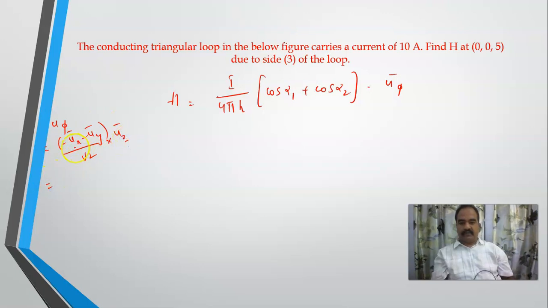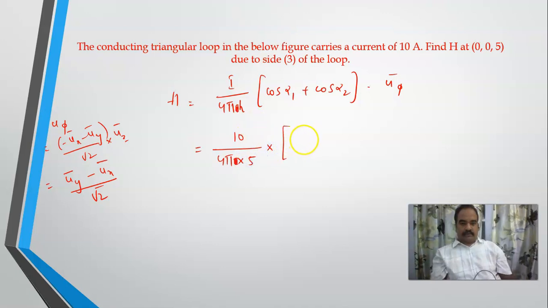So what I'll get here? Ux cross uz, I know that it is minus uy, right? So I'll get it as uy bar, and uy cross uz is ux, right? I'll substitute these things. 10 by 4 pi, this is 5, and yeah.